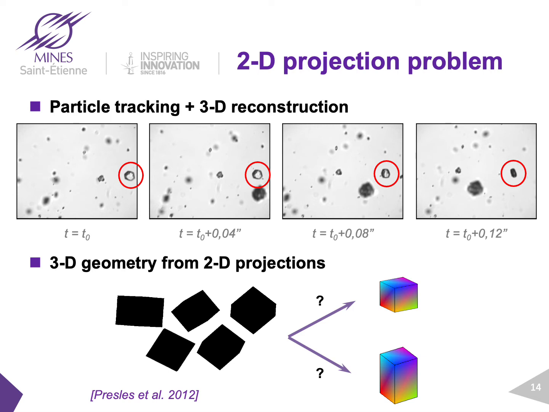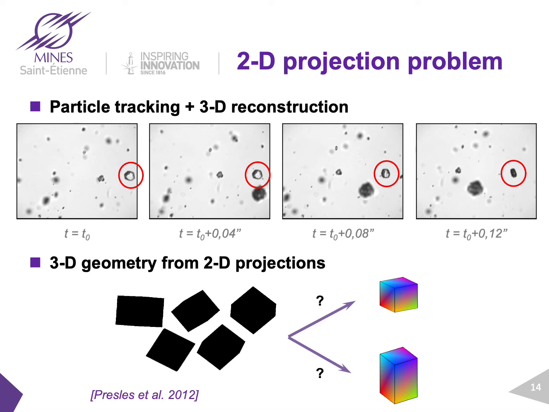It seems that you have the same particles, but with different view angles, because as I told you, the particles are moving in the reactor, and so you can see different views of your particles. And so if we are able to track this particle, we can expect to reconstruct the 3D shape.